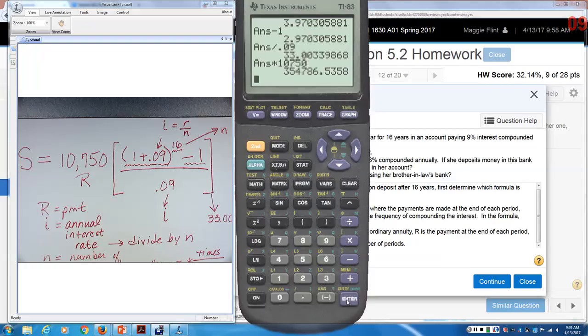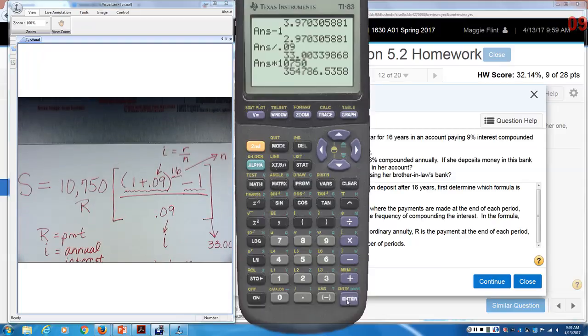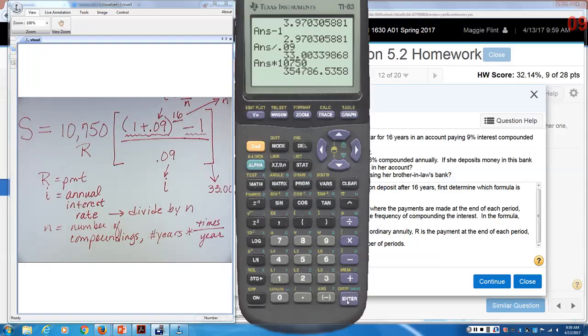So with that information, did you not get the same thing I did? Yeah. Okay. So the future value of her investment is $354,786.54.